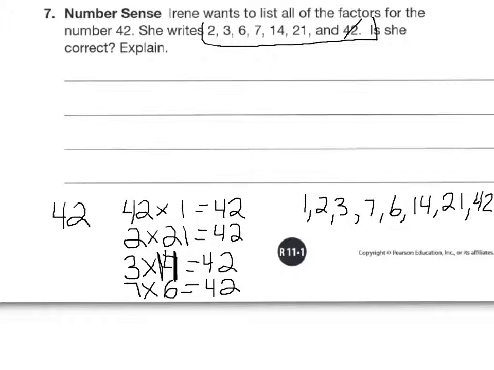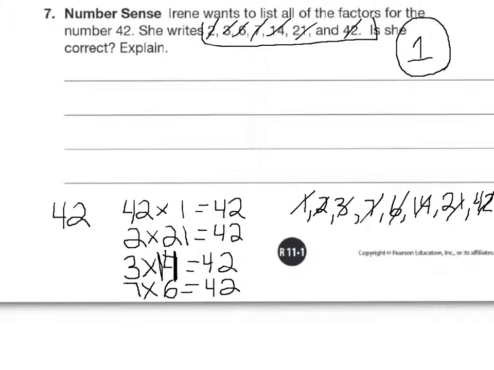There is no 1 up here, so that's one they're missing. What about 2? They have 2. They have 3. They do have 7. They have 6. They have 14. They have 21. And we already said they had 42. Alright, so they have all of them except for 1.